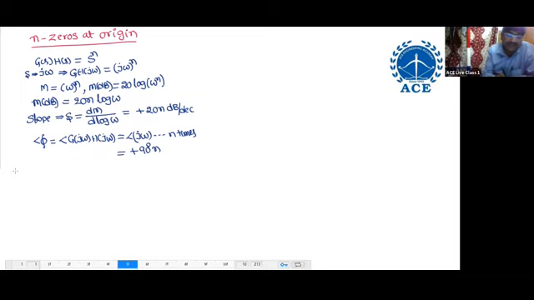Next, M initial. Initial magnitude you calculate. What is the formula?